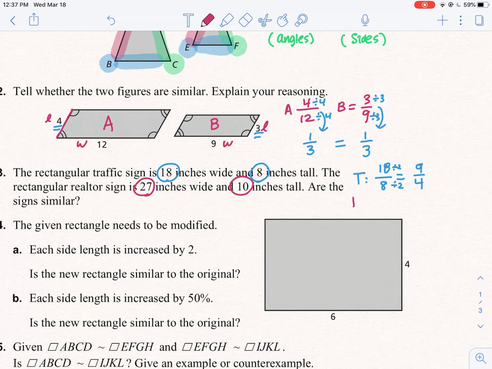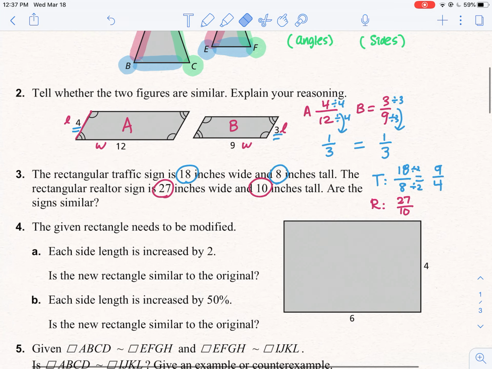And then my realtor sign is going to be 27 inches wide and 10 inches tall. I can't really simplify any further for this one. So, are they going to be the same? If you don't have the same ratio for the signs, I have 27 over 10, 9 over 4.